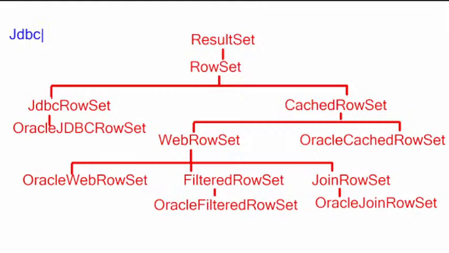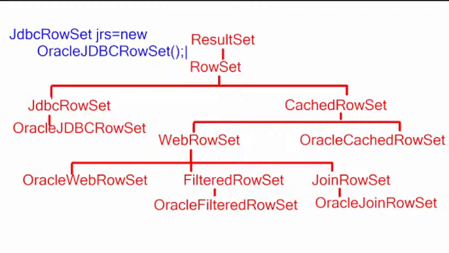Suppose if I write like this, is it valid or not valid? Give me the answer. Valid? Sure. Which class object is created? OracleJDBCRowSet.